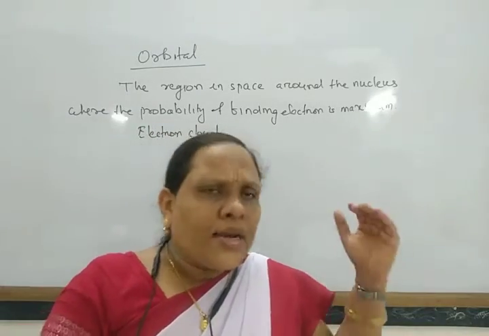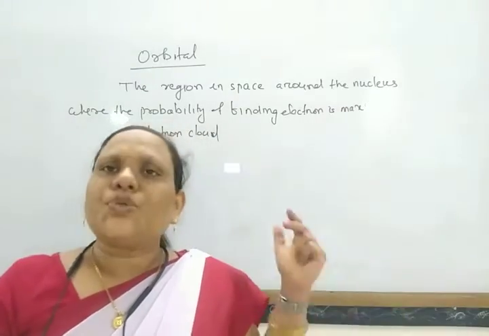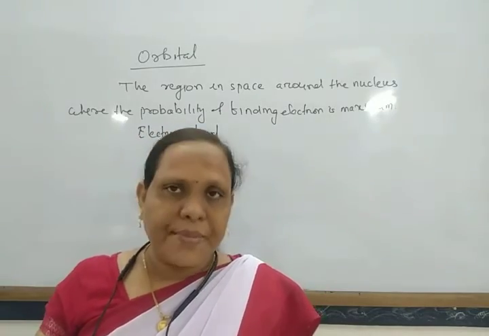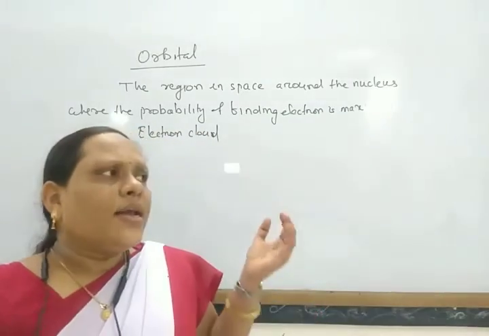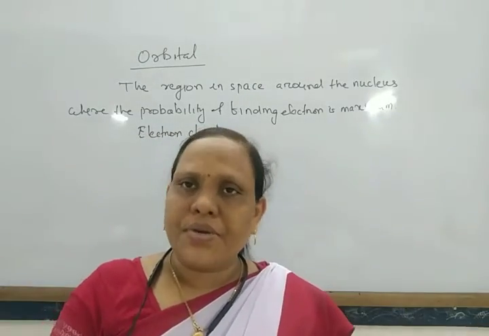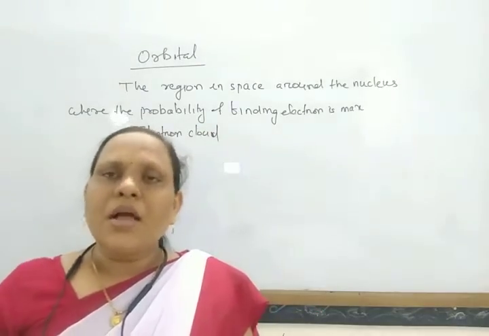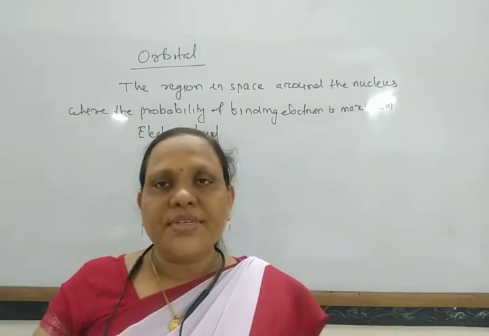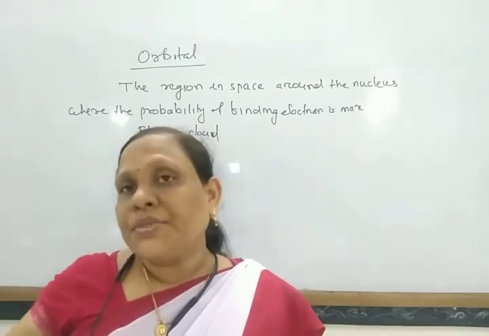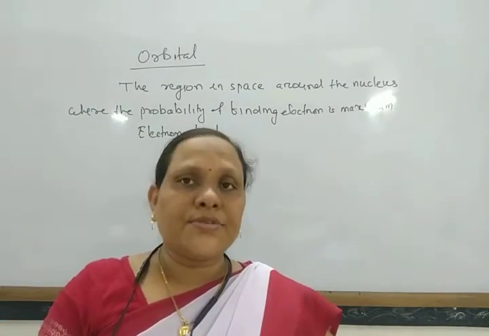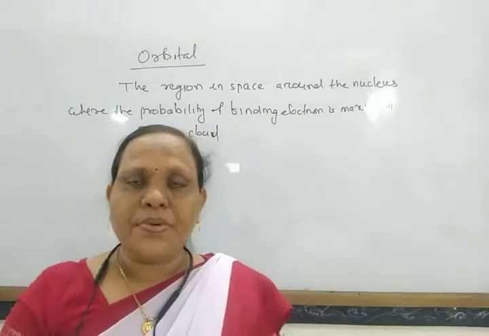An orbit is generally two-dimensional, and an orbital is generally three-dimensional. In an orbit, the position and momentum of the electron can be determined. In an orbital, the position and momentum cannot be determined. This is in accordance with the uncertainty principle, but an orbit is not.